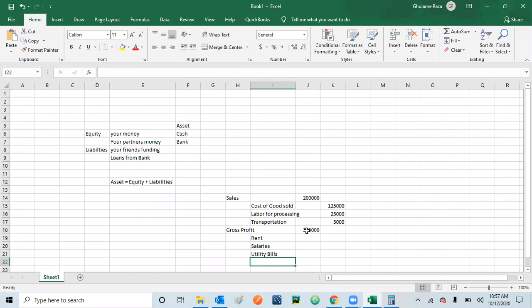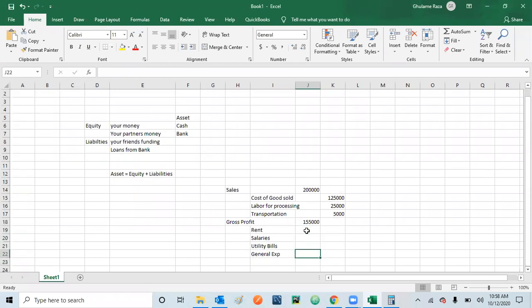Sometimes there are all of these different expenses that you are paying to your workers or to your premises. So all the general expenses are part of this. You'll be adding them all, and that will be subtracted from this.